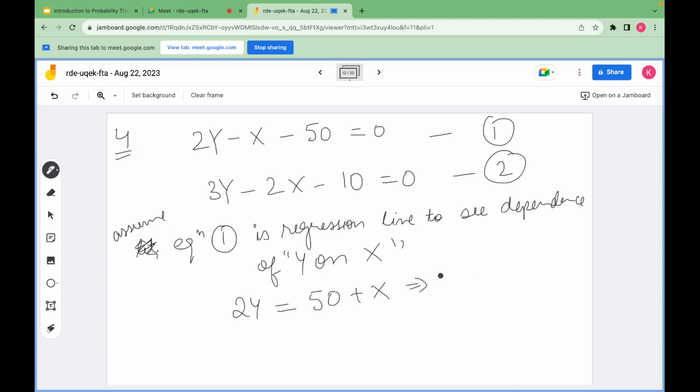So from here we get y equal to x by 2 plus 25. The slope of this line is 1 by 2, and we know this denotes the regression coefficient, which is byx.